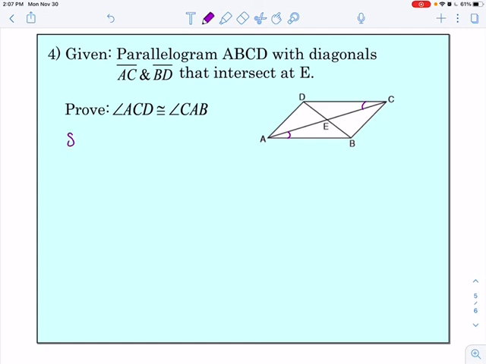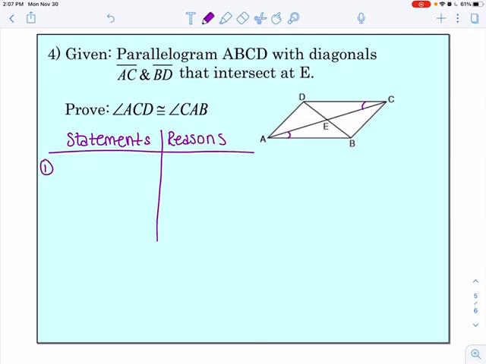Okay, so statements, and my reasons. And again, the only thing I was given was parallelogram ABCD.